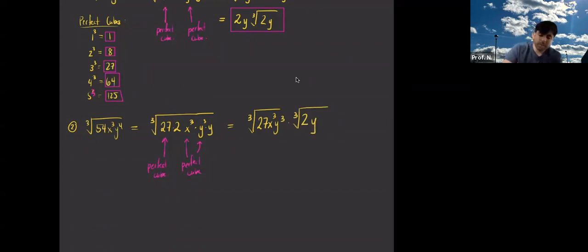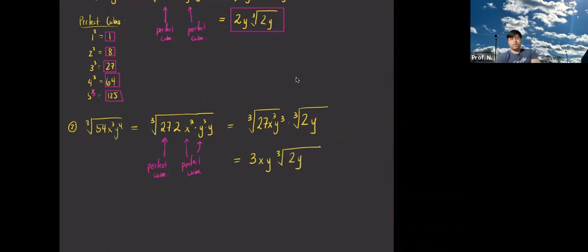And now the cube root of 27 is 3 because 3 cubed is 27. The cube root of x cubed is x. The cube root of y cubed is y. And I got the cube root of 2y.